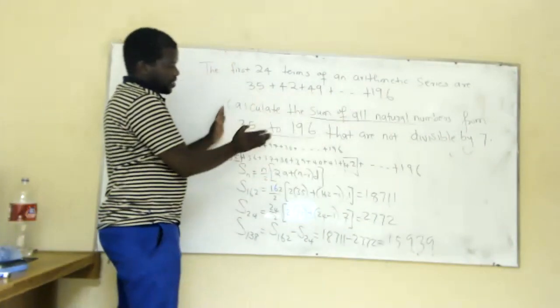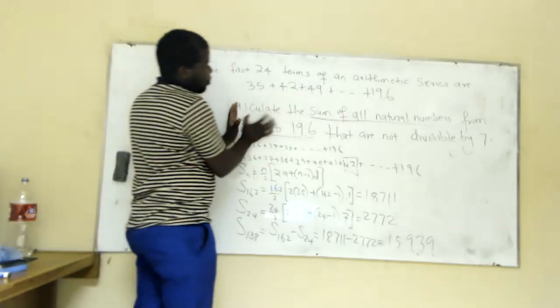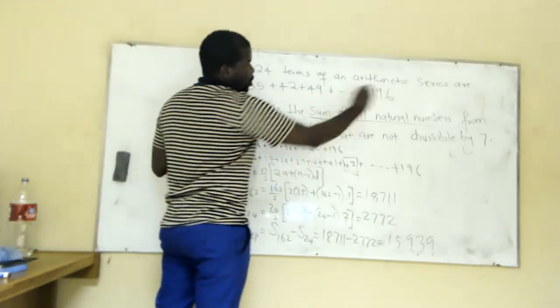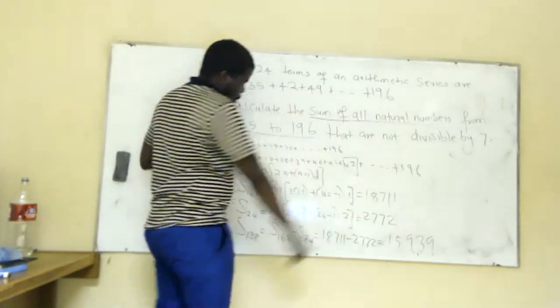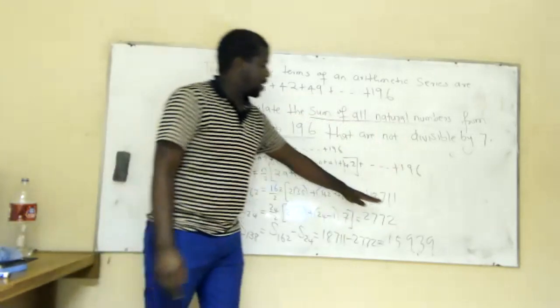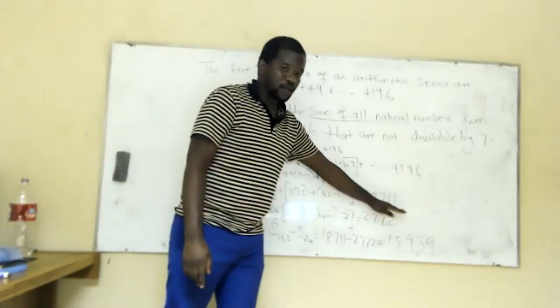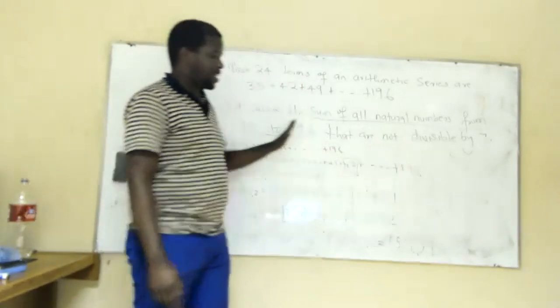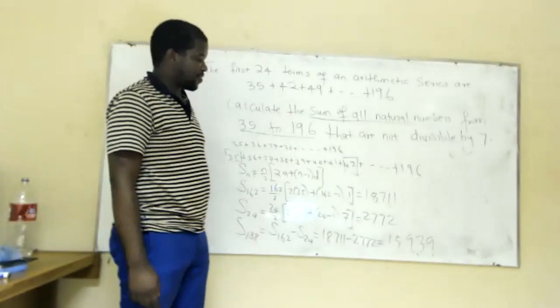So the very first thing you will need to do is to get the sum of all the terms, including those which are divisible by 7, which we find to be 18,711. This is the value for all the terms, including the ones which are divisible by 7.